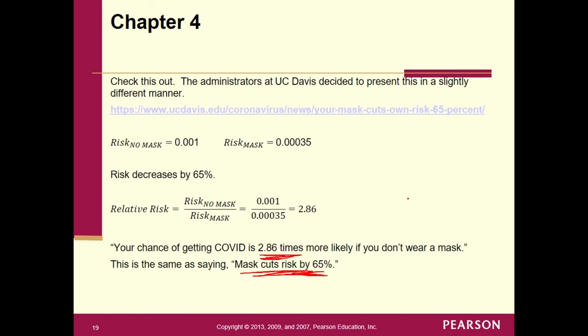That's sort of up to you, which one is more powerful of a statement. You decide. I just wanted you to relate the two: if someone tells you that the risk decreased by this much, you can still figure out the relative risk, and vice versa for that matter.